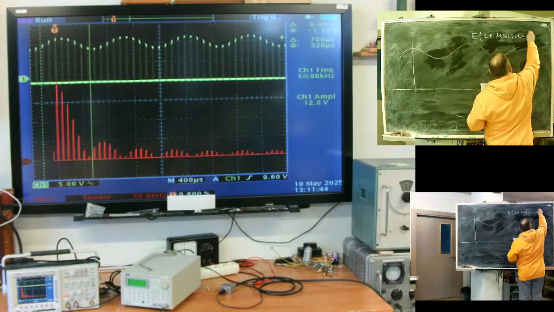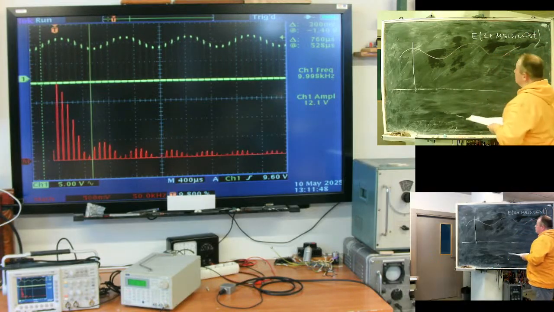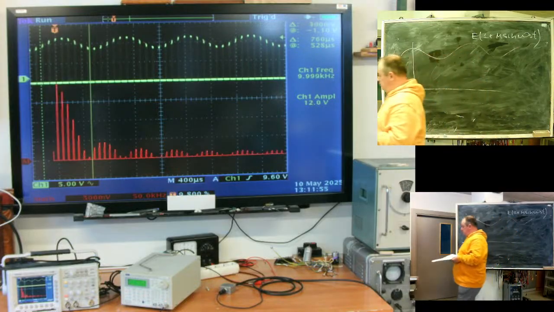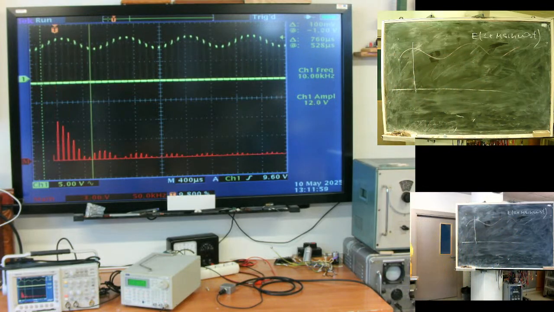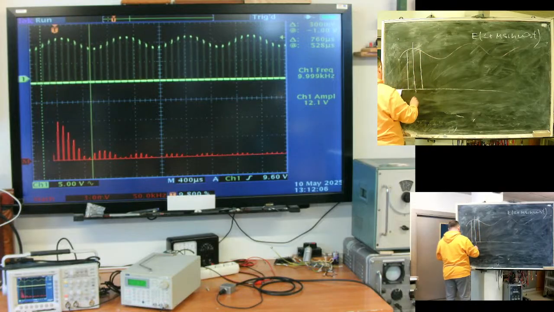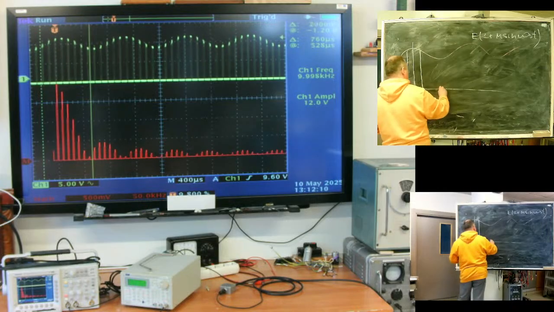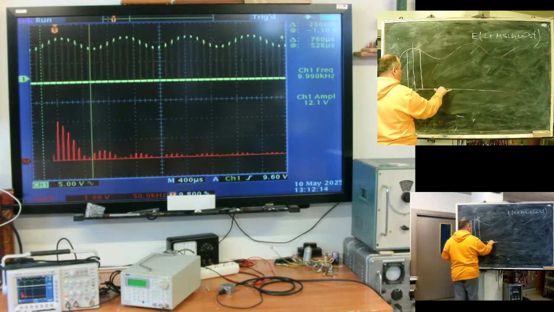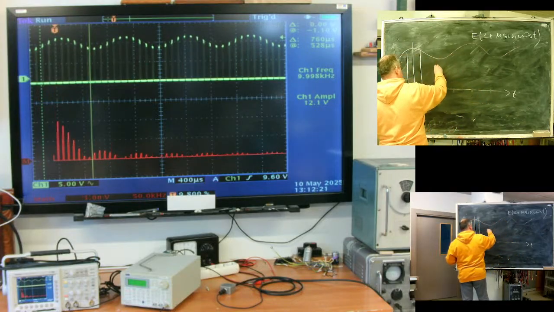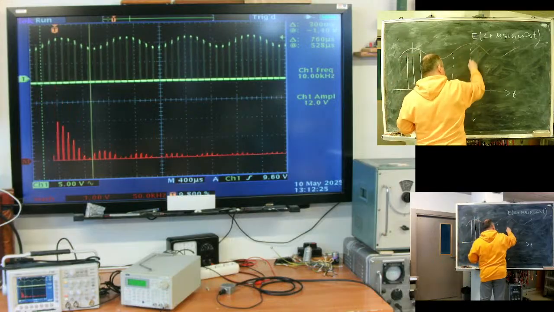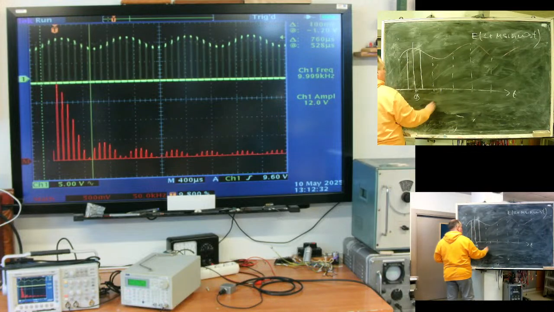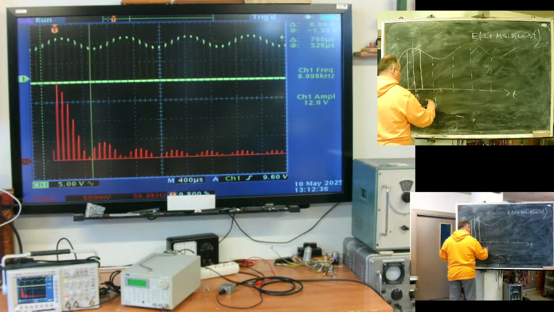to sine omega s t. M is the modulation depth, omega s, in my case 1 kilohertz, from the test signal generator. Zero. 0.